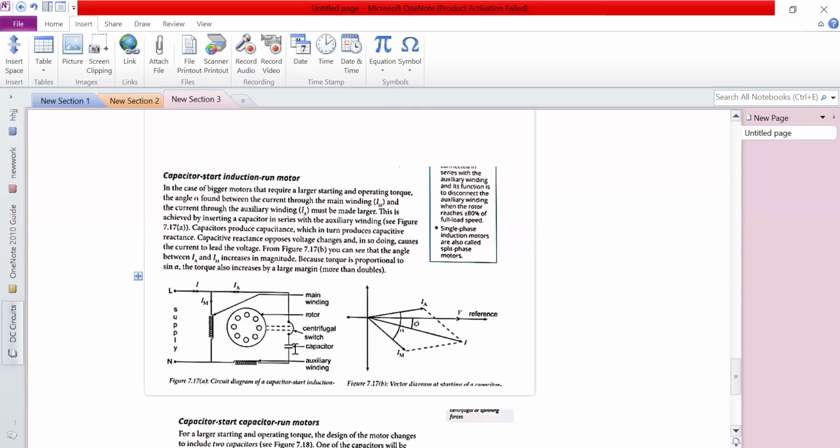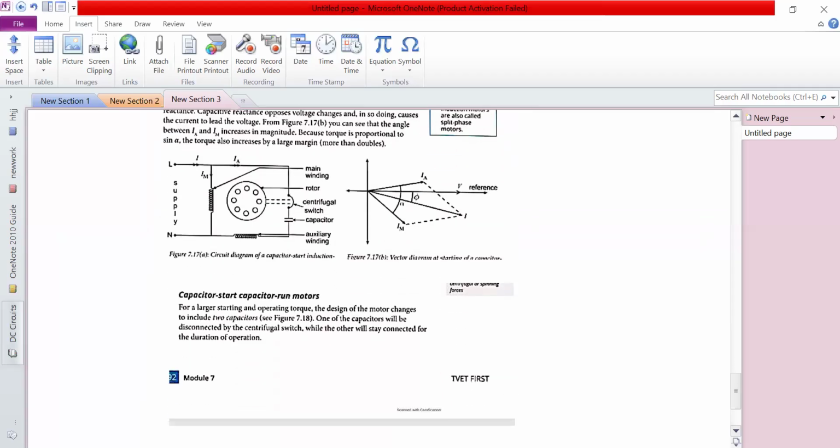So the phase difference between the current in the main winding and the current in the auxiliary winding is going to be much larger compared to the phase difference in resistance start induction run motors. So this capacitor start induction run motor has a higher torque.